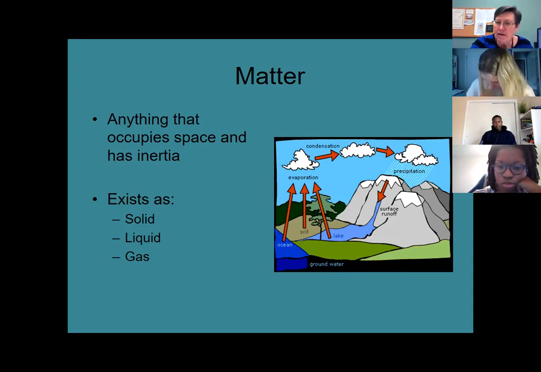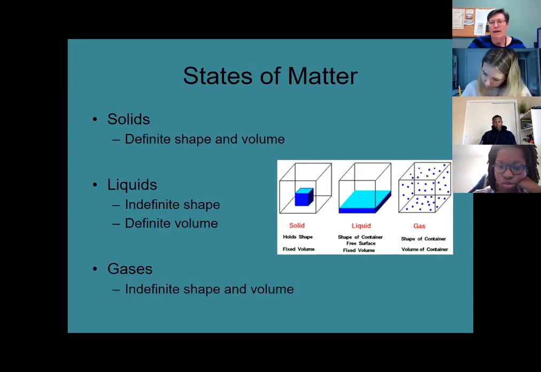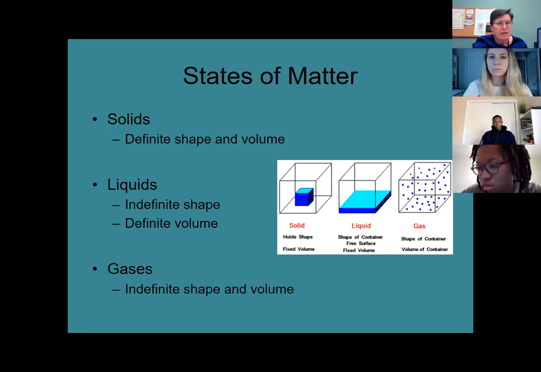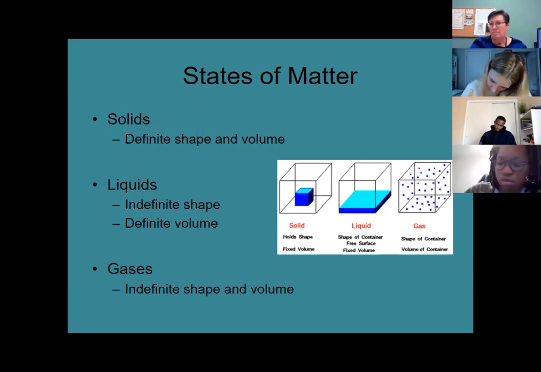So if we compare these different states of matter, we can say that solids have a definite shape and a definite volume. So for example, again, look at your calculator. It has a definite shape, a definite volume. It's not going to change. Liquids have an indefinite shape, but a definite volume, and they will conform to the container.